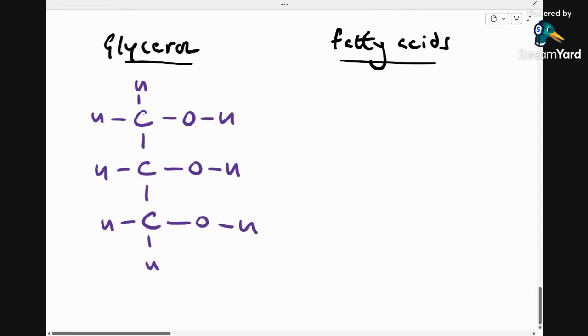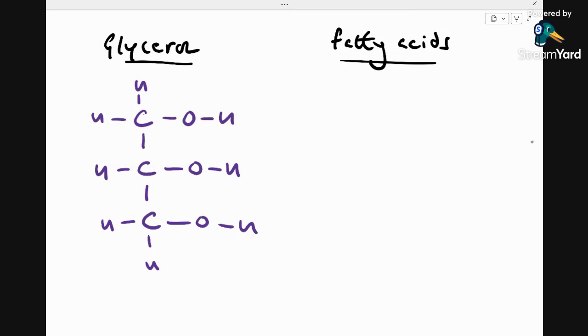So that is the structure of glycerol, fairly straightforward. The IUPAC name is 1,2,3-propanetriol, or propane-1,2,3-triol. Don't worry about that. In biology, we tend to just call it glycerol.